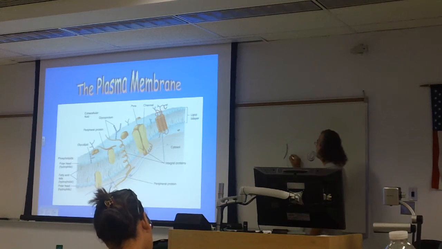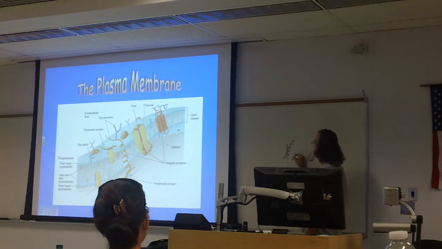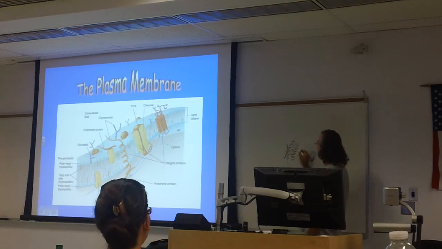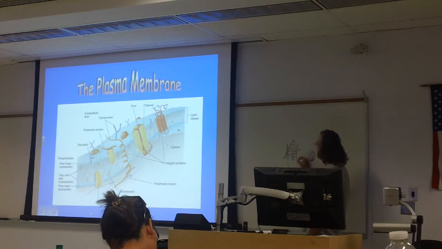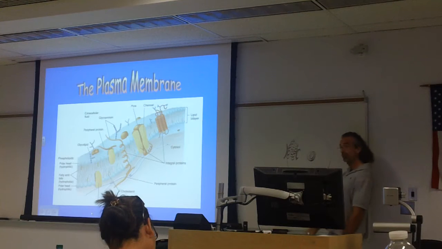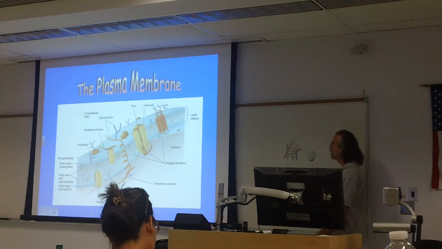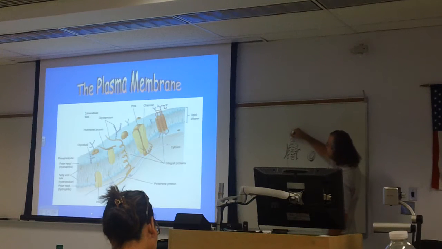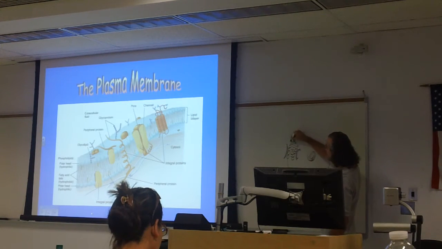Don't forget, we have 2 layers, right? So here's my first layer. Here's my second layer. So it doesn't matter if it's on the inside or the outside. As long as it doesn't penetrate into it, it's a peripheral protein. What about an integral protein then? Yeah, it sticks into the cell membrane itself.